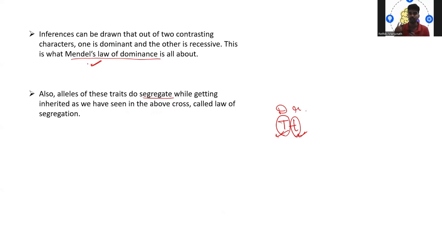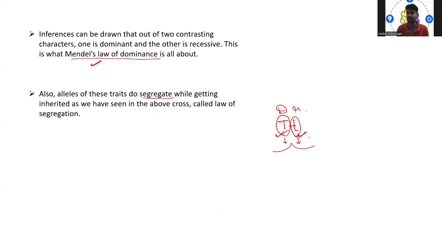The next law he proposed was the law of segregation. He says that alleles of these traits, alleles being nothing but characters of these traits, segregate, that is separate, while getting inherited, as we have seen in the above cross, on the violet as well as white. So they get separated while getting inherited.